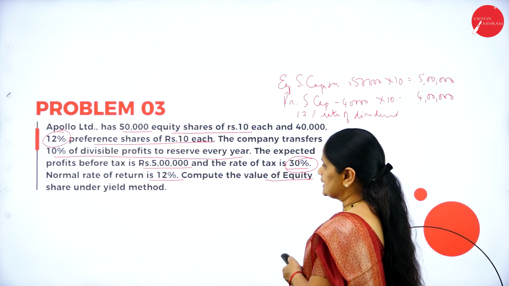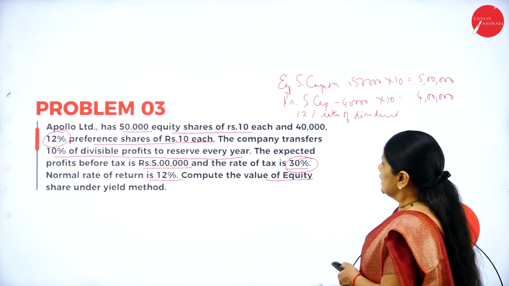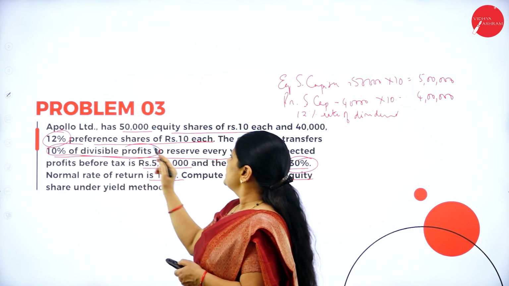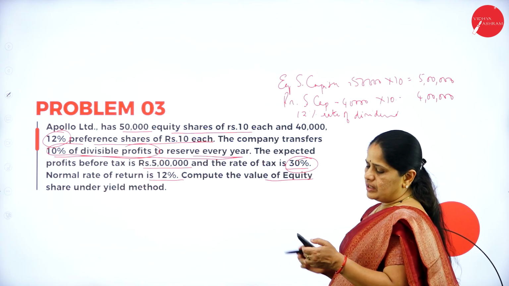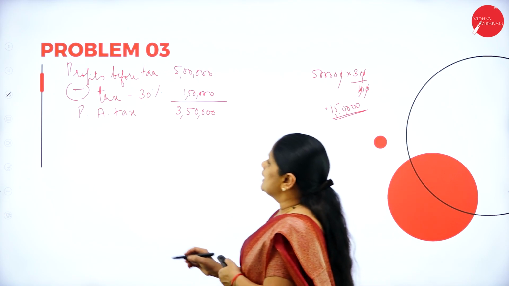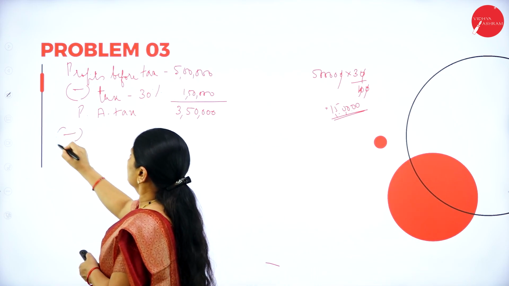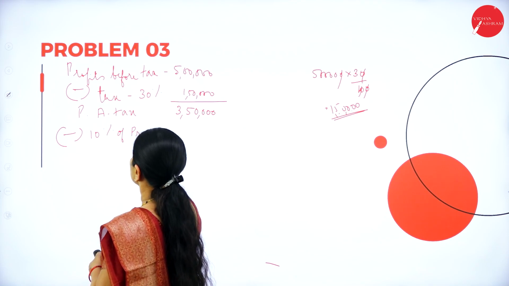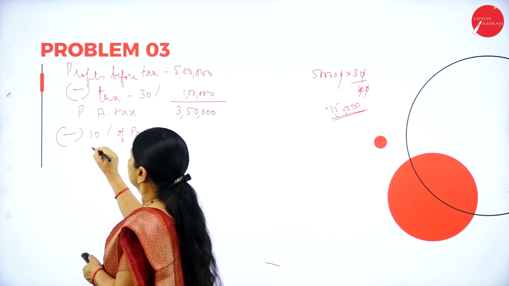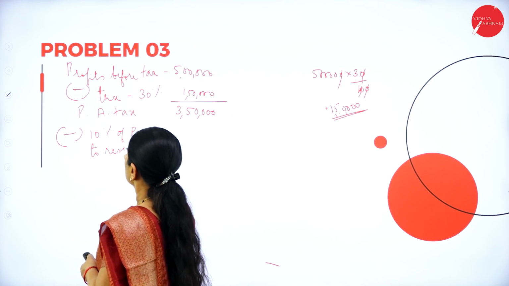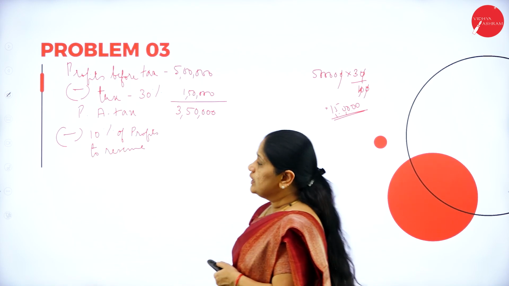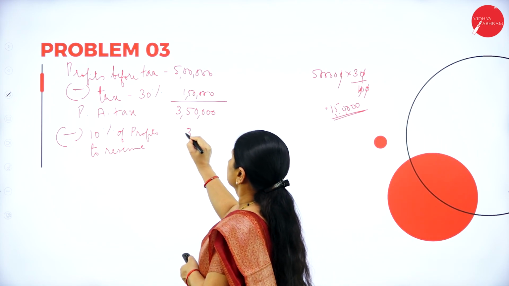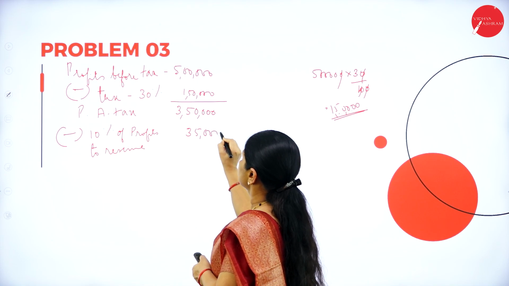Now, what is the other adjustment we have? The company transfers 10% of the divisible profits to reserve. So, the next we will take less 10% of profits to reserve. So, 10% of 3,50,000, that is 35,000.